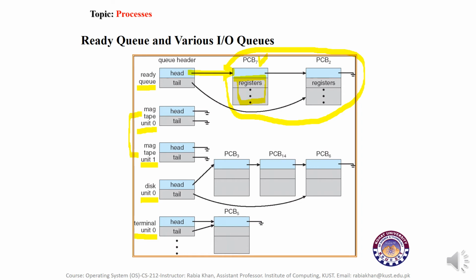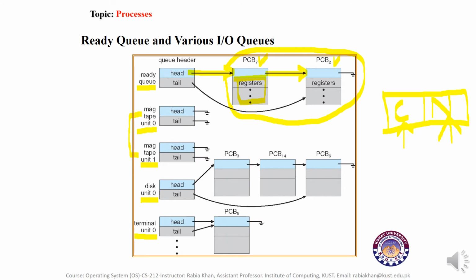Now you also know the structure of a linked list is twofold. It has two parts. The first part is the content part, while the second part is the next part. Content shows the content of the current node, while the next part shows the address of the next node connected to this node. Here you can see the next part is connected to process 2 along with its PCB.